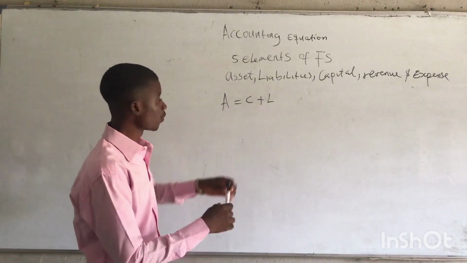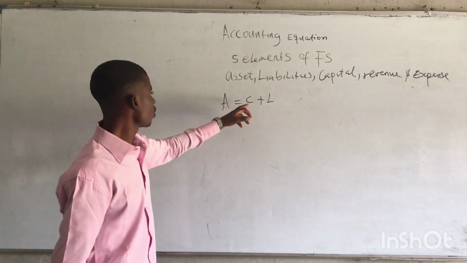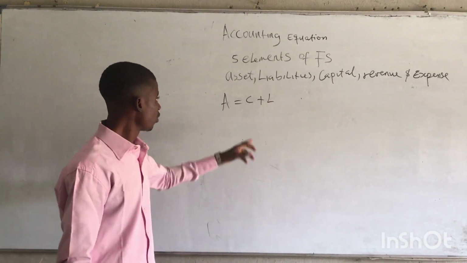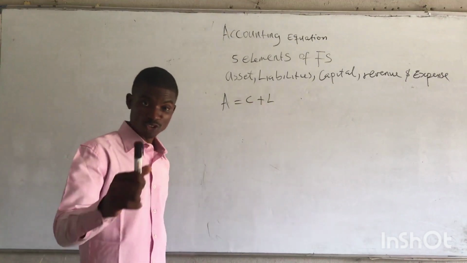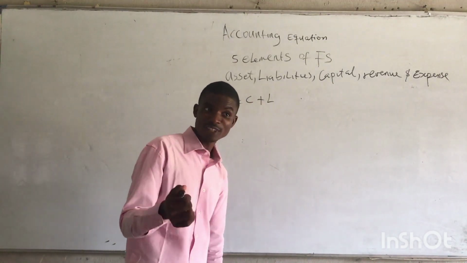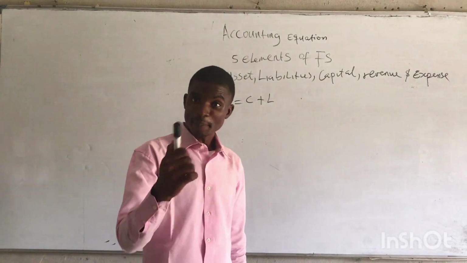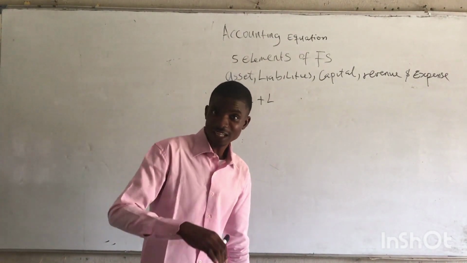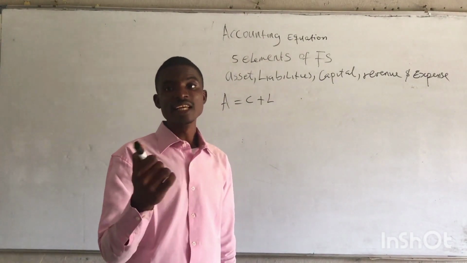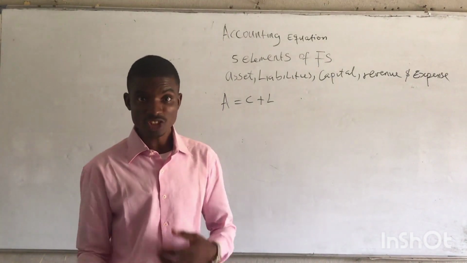Then now, going with the fundamental equation of asset equals capital plus liability, and looking at it from the point of view of a sole trader. Of course, you know that a sole trader provides the capital of the business all alone and also enjoys the profit and loss of the business all alone.